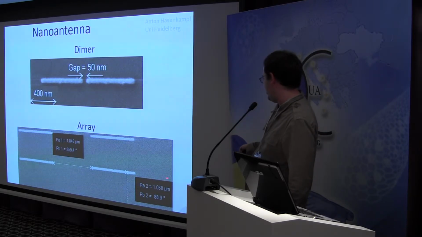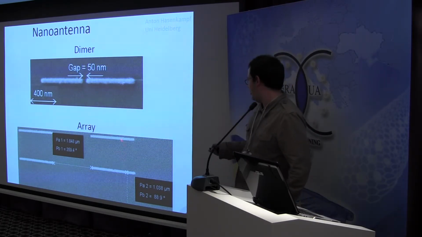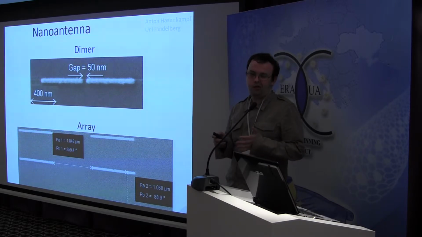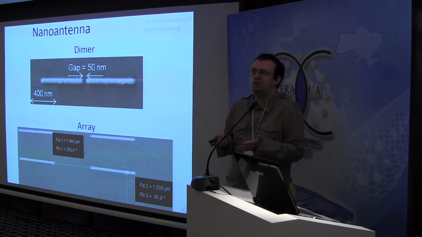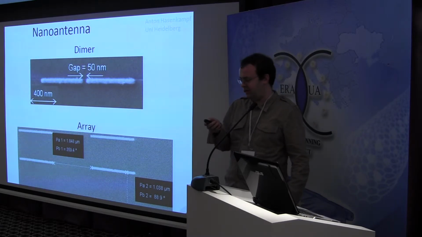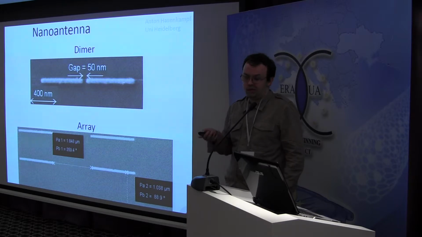Part of the picture has been cut out, but this is a typical array. You see 4 antennas here, and you would see 6 if it had not been cut out. Our arrays normally have a size of 100 times 100 micrometers, and you find 10,000 nano-antennas on them. It depends only on the density which you want.